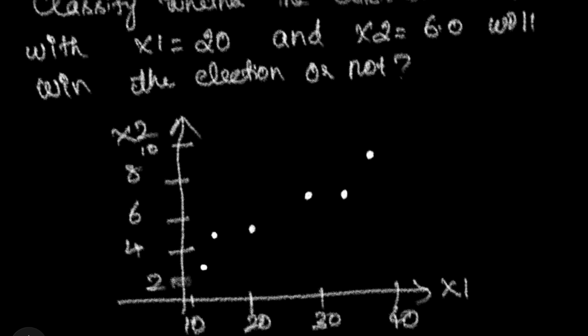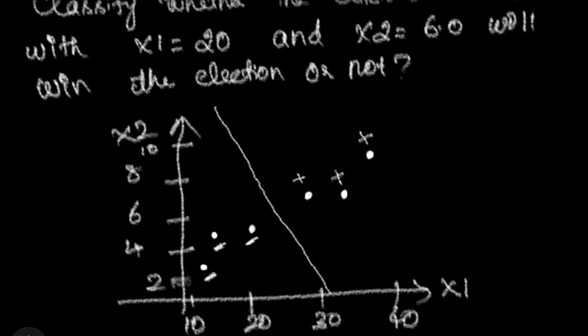So here I have the negative labels, the loss of the election, the 3 points which represent loss, and these points represent the positive win points. So if I want to divide these into class labels, win and loss of election, then I should draw a boundary line.